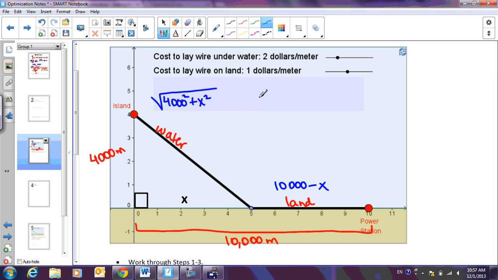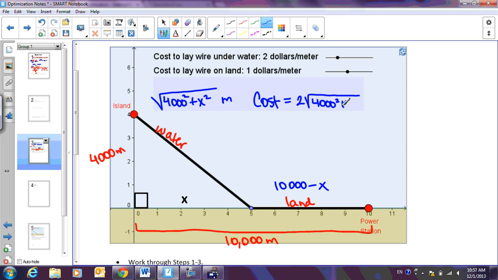All right, so let's think about what the cost would be. It would be however much the wire costs underwater times the meters of that wire plus whatever the land meters are times the land cost, all right? In other words, it would be $2 a meter times the total number of meters. Again, do not simplify.